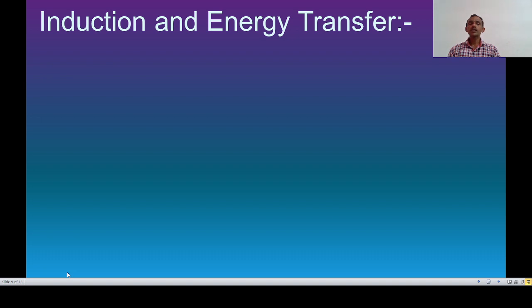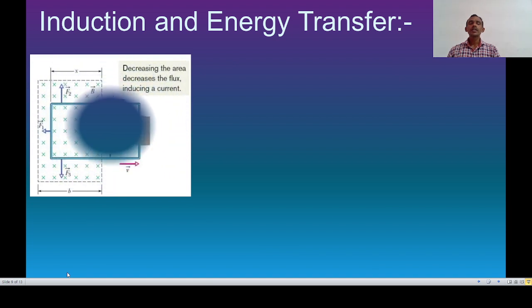Now, the next point of our lecture is induction and energy transfer. For this, consider a rectangular loop, having a length for its vertical segment, placed in a uniform magnetic field B. Now, this segment is moved uniformly towards the right with some external force.